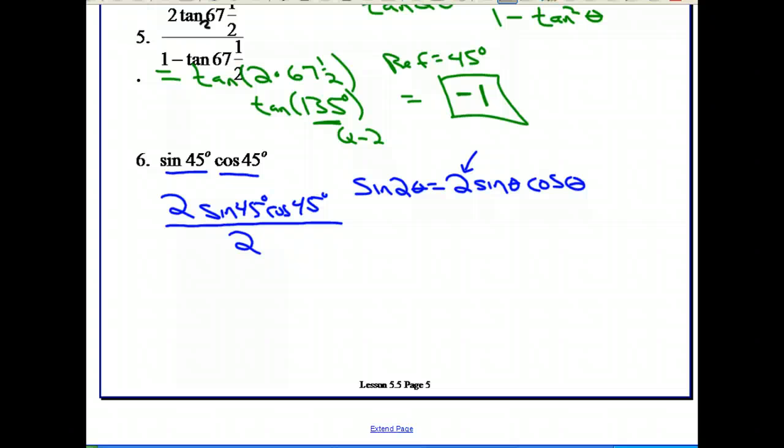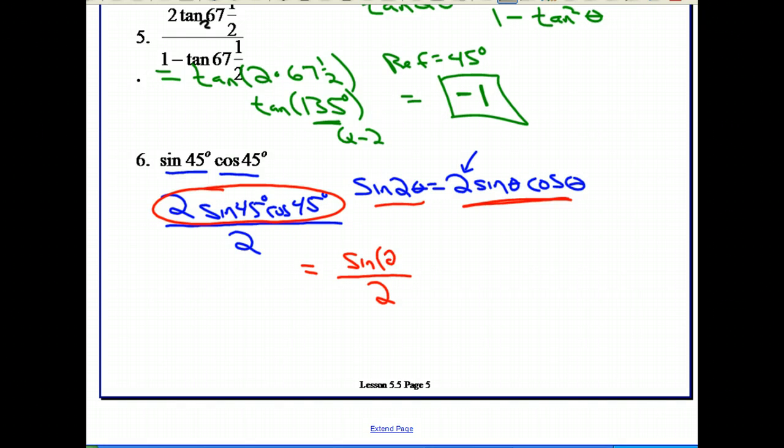Now that I've done it this way, I look at the top of the fraction, and I realize that is a perfect match for over here: 2 sine of theta, cosine of theta. So I'm going to sub out. The bottom is just this 2. The top, I'll sub out, and I'll put in the left side, the sine of 2 theta. But theta is 45, so 2 times 45 is 90.